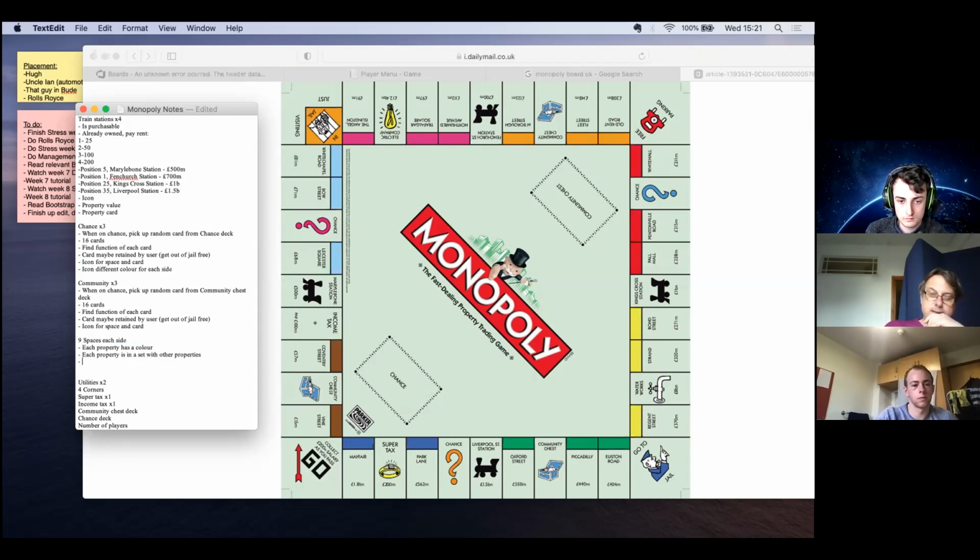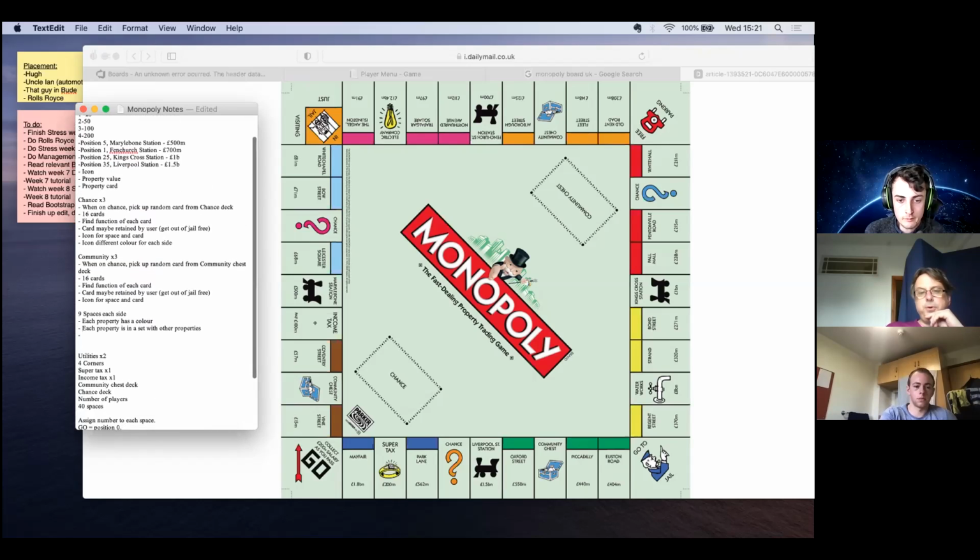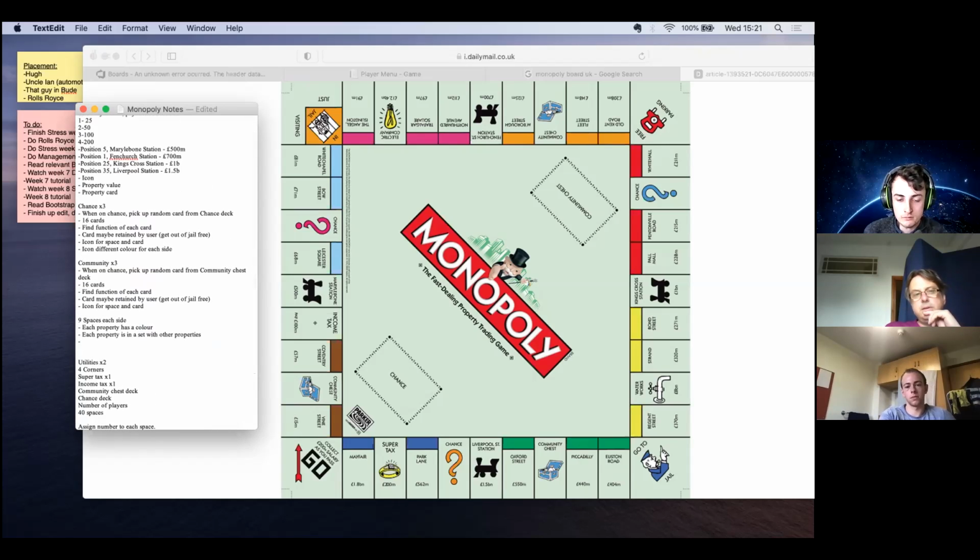That's an interesting idea, because we've also got a set of 3 chances and 3 community chests and 4 stations and 2 utilities. So those are all special, and 2 taxes. So they're all sets, aren't they? And we intuitively map that in our human brains. We just know that because we see the colors and we understand the game without talking about it. We know they're of the same thing.